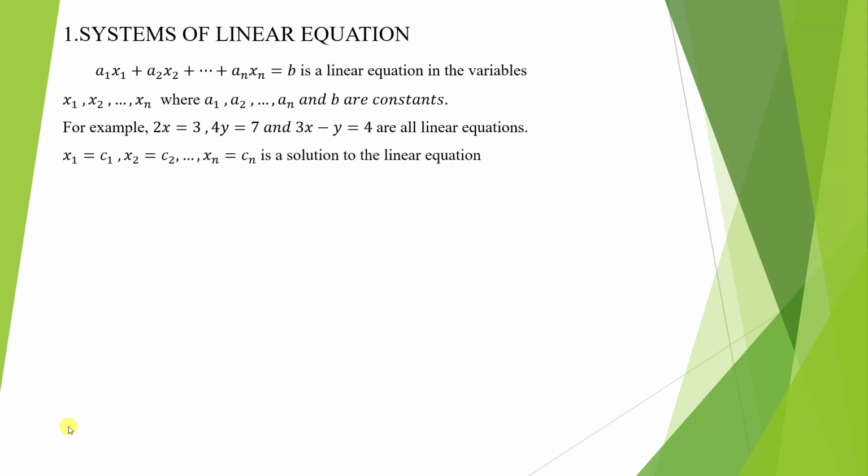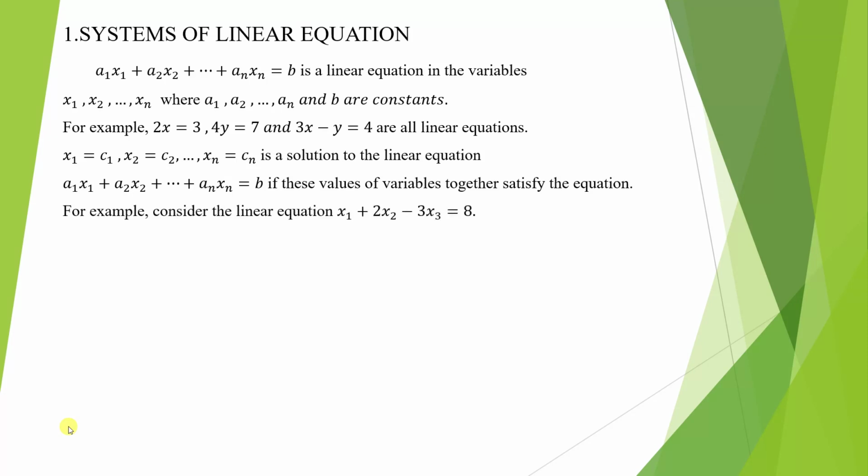x1 equals c1, x2 equals c2, and xn equals cn is a solution of the linear equation a1 x1 plus a2 x2 plus up to an xn equal b if these values of the variables together satisfy the equation.